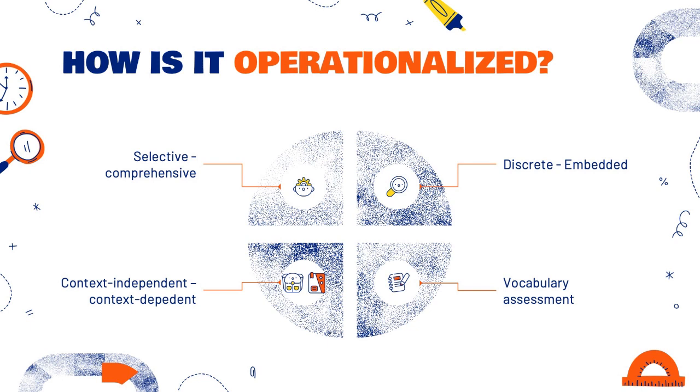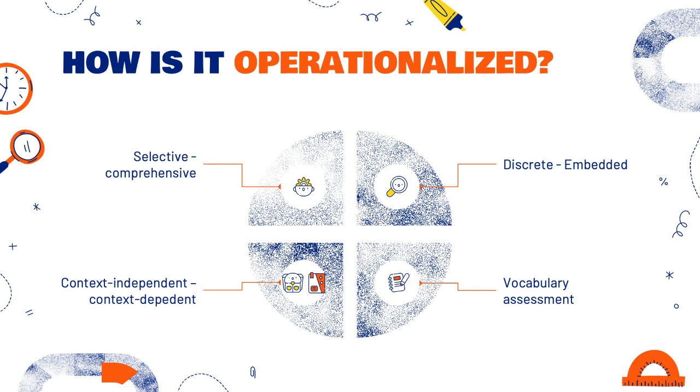Selective, comprehensive. The second dimension concerns the range of vocabulary to be included in the assessment. A conventional vocabulary test is based on a set of target words selected by the test writer, and the test takers are assessed according to how well they demonstrate their knowledge of the meaning or use of those words. This is what is called a selective vocabulary measure.